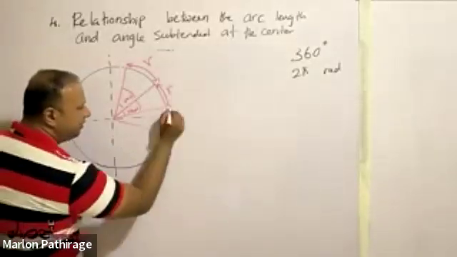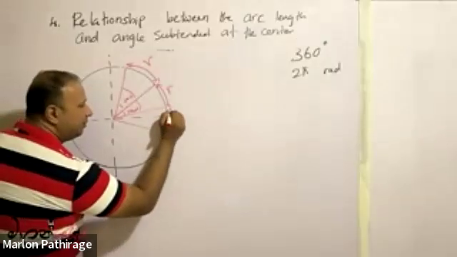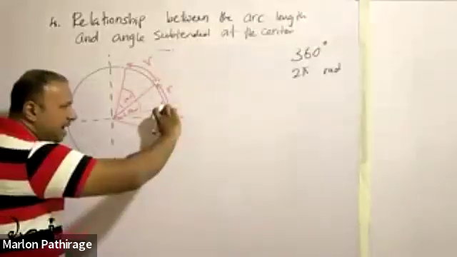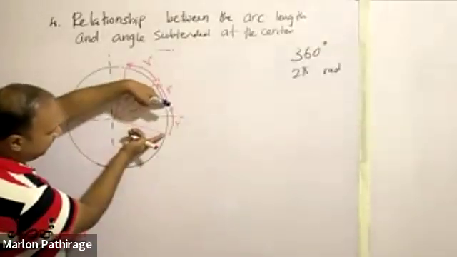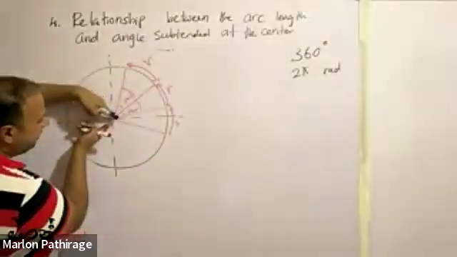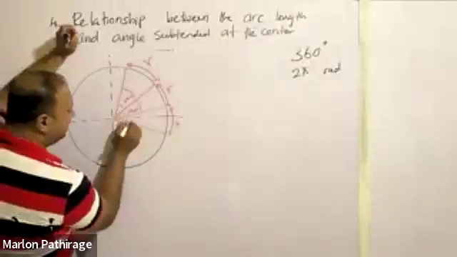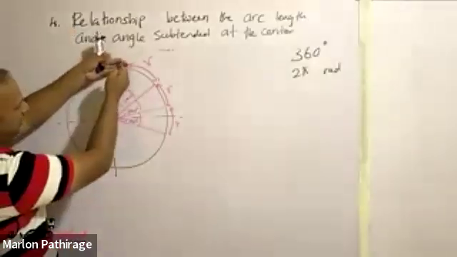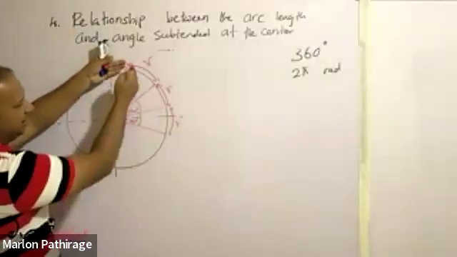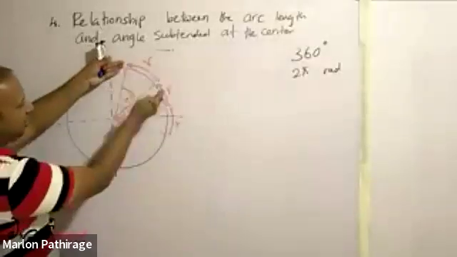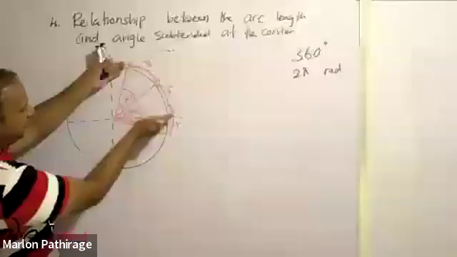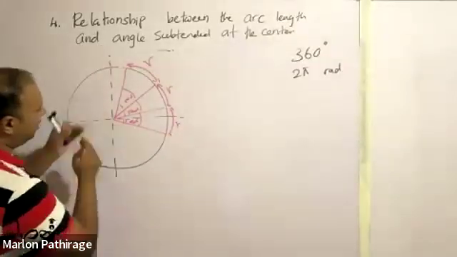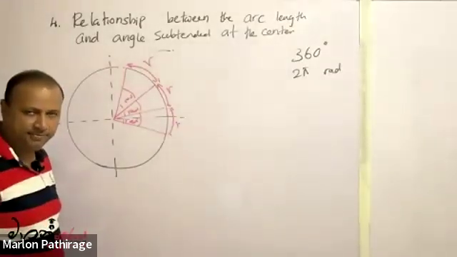Let's take another r. This arc length subtends 1 radian at the center. Therefore, the entire arc length is 3r, and the 3r arc length subtends 3 radians at the center.